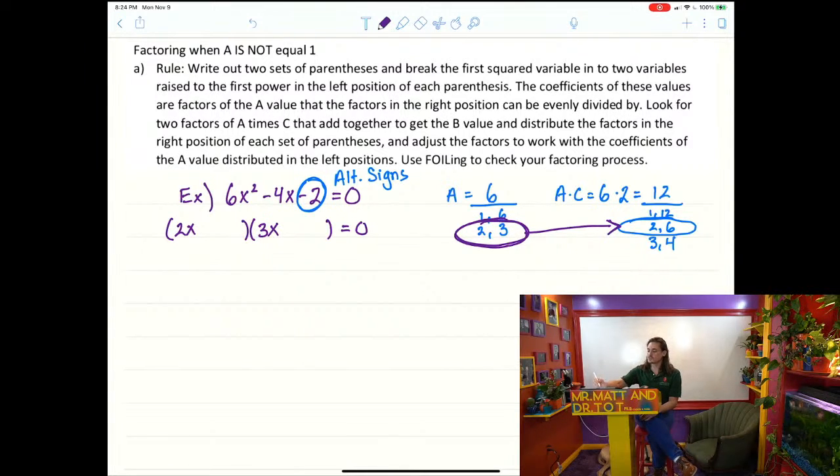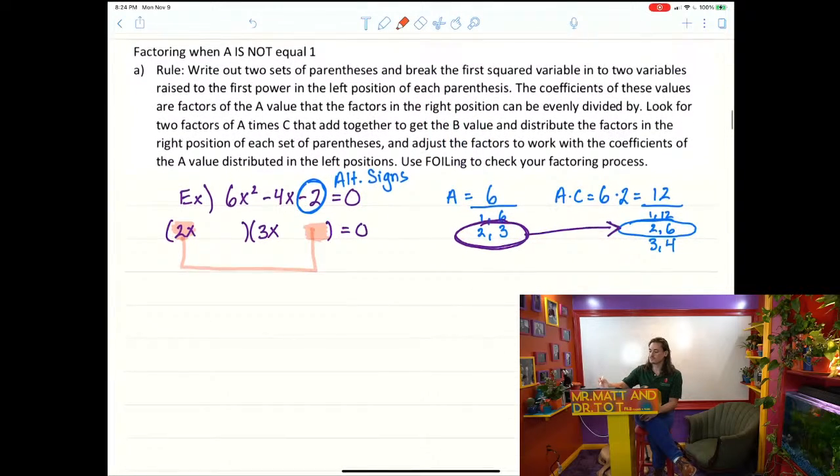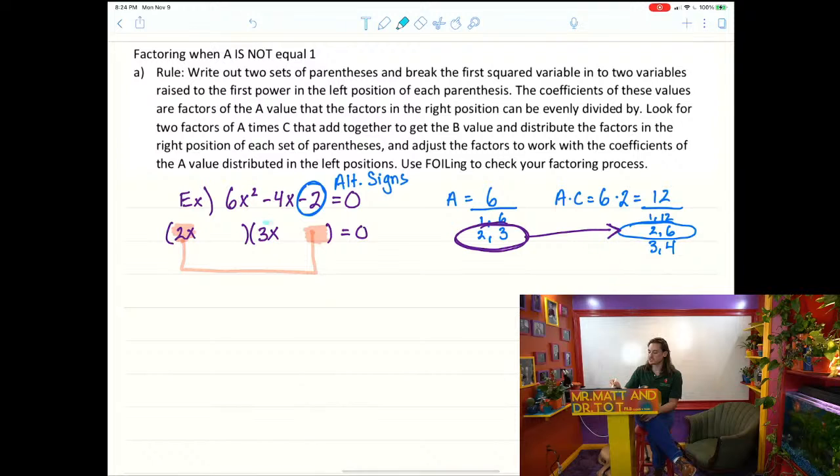I need to be able to recognize that the outer times the outer, that 2 is going to affect the other outer position. Oops, I'm sorry. And then I also need to understand that this 3x, that coefficient of 3, is going to affect these inner positions.